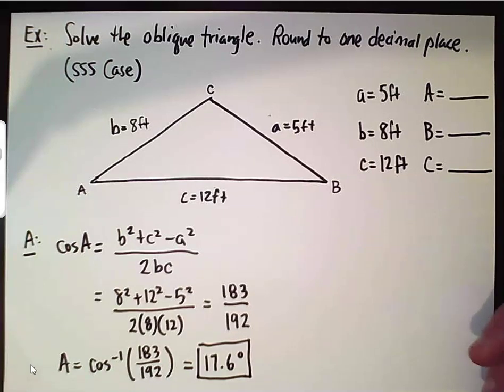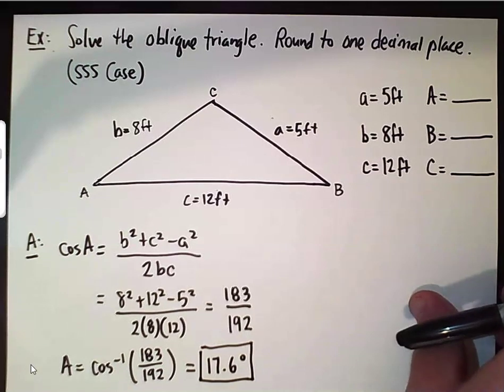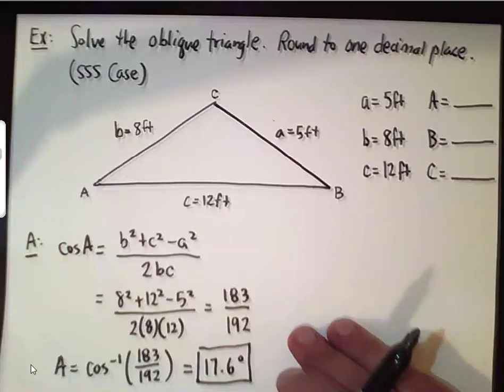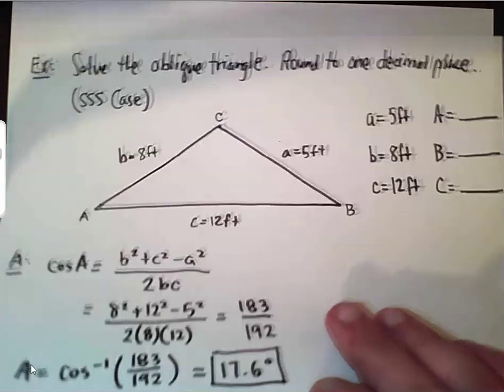Now, if I want to solve angle B, I can use the law of sines or I can use the law of cosines. But since this is a law of cosines section, we'll just go ahead and use the law of cosines again for this second angle.